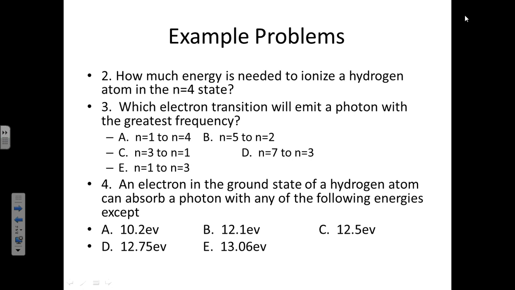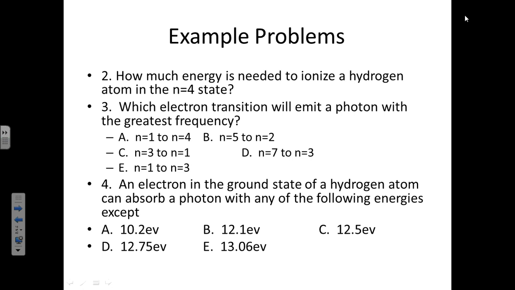All right, 3. Which electron transition will emit a photon with the greatest frequency? Now here's the deal. Let's just look at it. Let me write down my choices over here on the board so I can remember what they are.